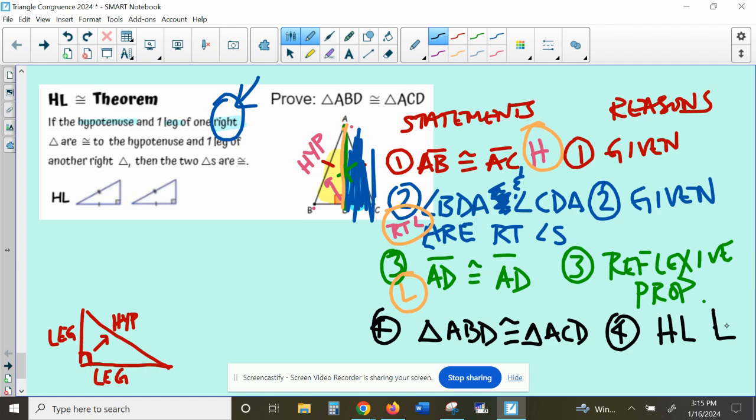I like to put hypotenuse, leg, right angle. I like to use a little right angle box. Hypotenuse, leg, right angle theorem. This one's a theorem instead of a postulate, but it's still something you can use in a proof. Okay, make sure you have all your good notes.